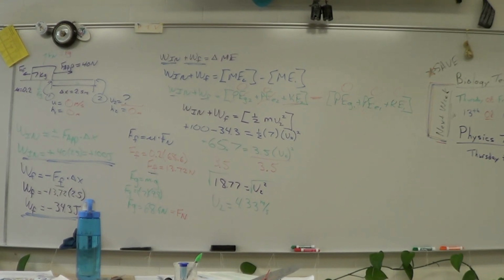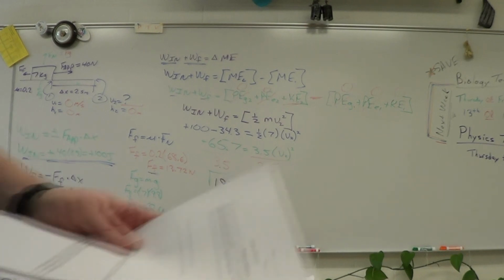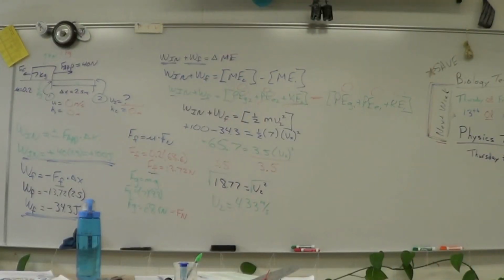Some of the concept ideas that were asked last unit are still pertinent this unit. Questions like, how do you calculate the PEG, or what question do you ask yourself to determine if there's PEG? Those are the same kind of questions you have to ask yourself in both situations.